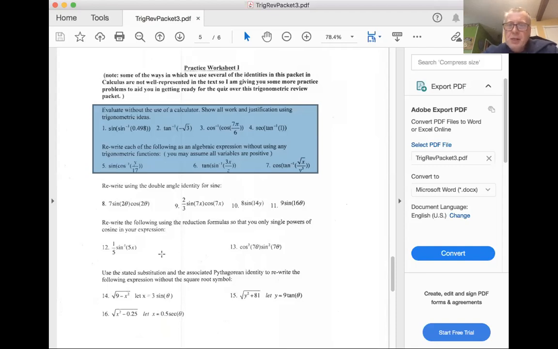The last test doesn't have as much material from the textbook, so we can focus a little bit more on identities and equations here. So hopefully this gives you an idea of the trig problems you're going to have on this next test.